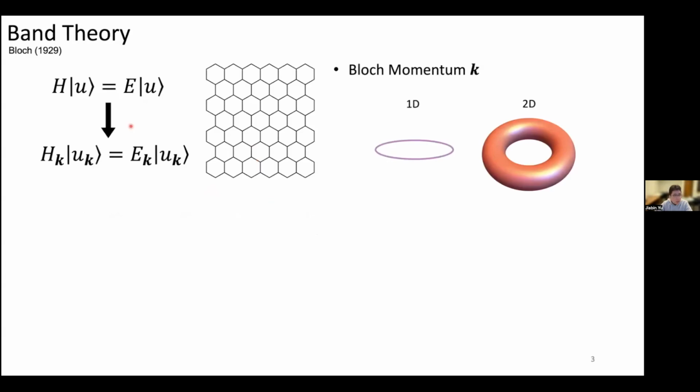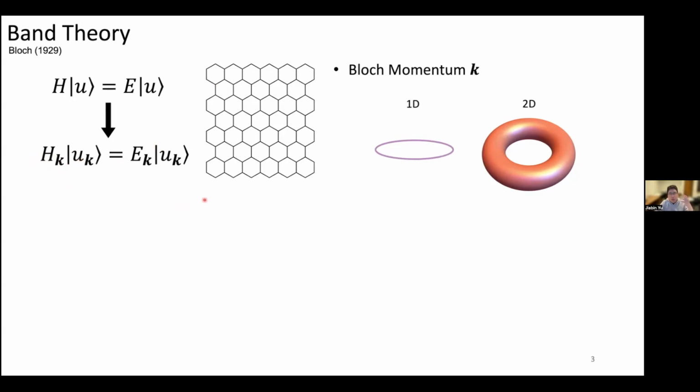Starting with the introduction, starting from basics, band theory is one of the most successful theories in physics. It is a theory of the material properties, especially electronic properties. In this theory, we exploit the lattice structure, which allows us to study the system at each individual Bloch momentum.